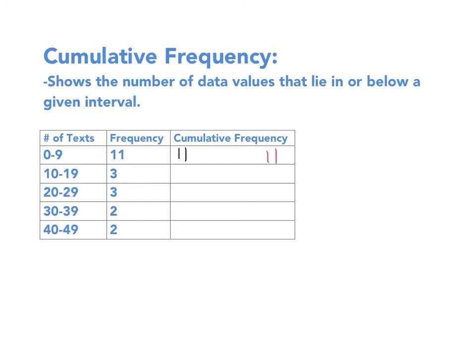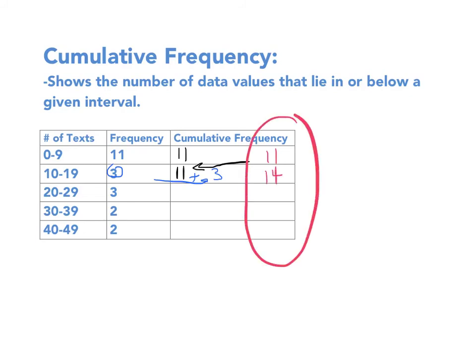But when we get to the next one, we have to take 11, move it there, and then add the frequency to the previous frequency. So the frequency for the new interval, we're adding it to the previous frequency. So the cumulative frequency here would be 14. I'm going to put them all here. Now we have to move that 14 down and add another 3 here.